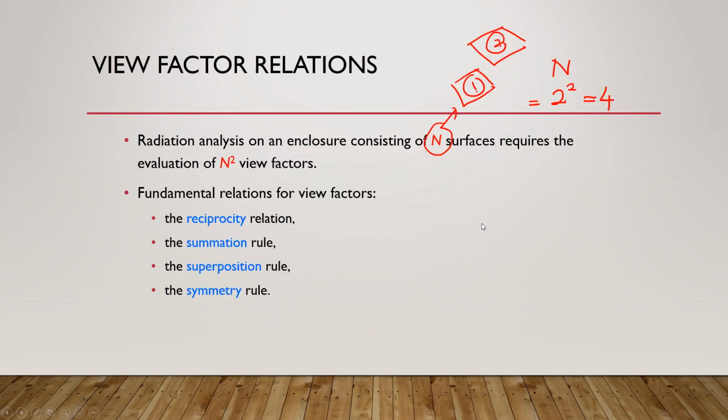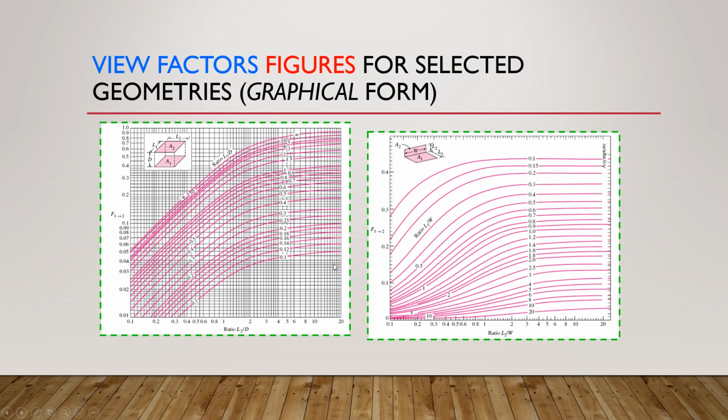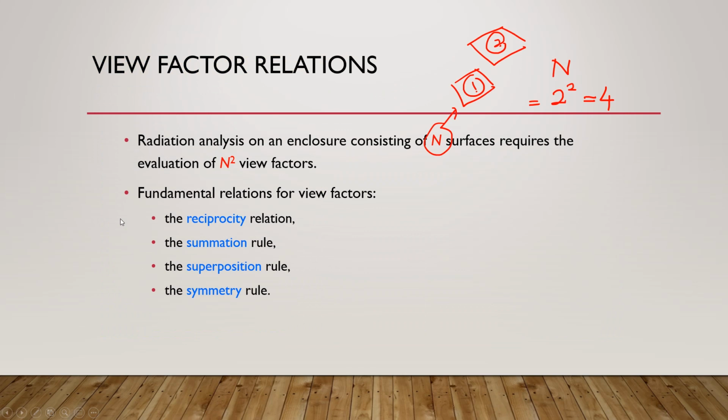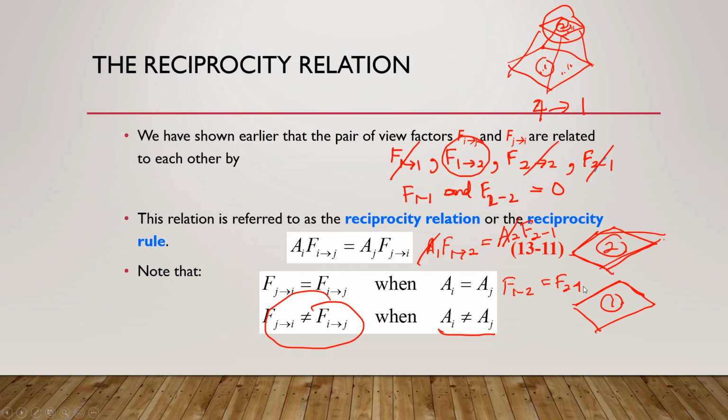To find F1 to 2, you may use this graph. You calculate L1 over D and L2 over D, and then find the intersection. Then you read off F1 to 2, and you have already solved for these view factors.